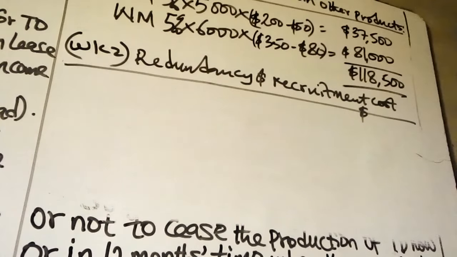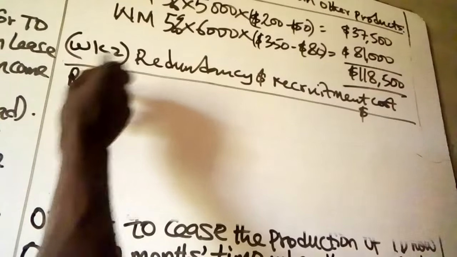You were told all the direct labor force currently working on the TD will be made redundant immediately if TD is ceased now. This will cost 6,000 in redundancy payments. So this means the redundancy payment of 6,000 will be incurred.